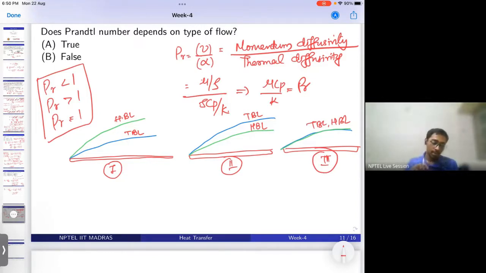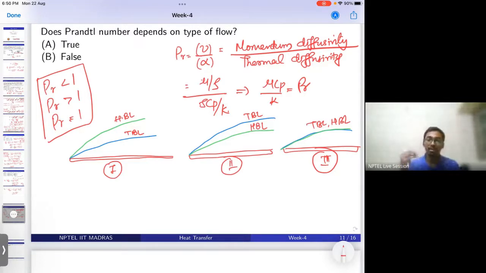you can see that the momentum disturbance travels a greater distance than the thermal disturbance, right? So actually, the boundary layer is the distance over which the change in velocity or temperature happens.